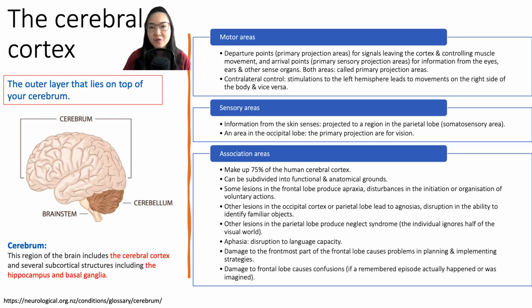Both areas are called primary projection areas. Contralateral control: stimulation of the left hemisphere leads to movements on the right side of the body and vice versa.